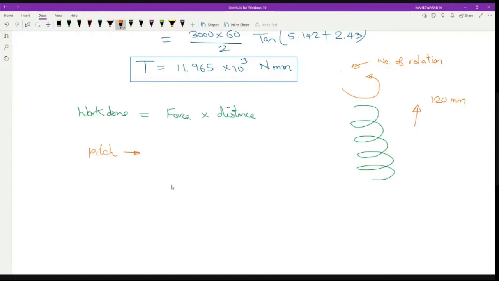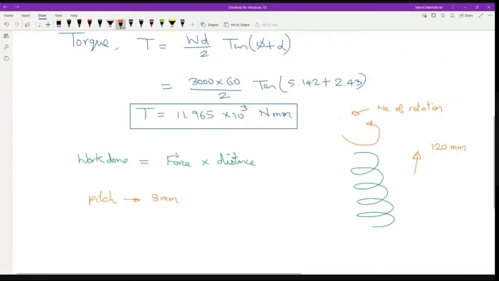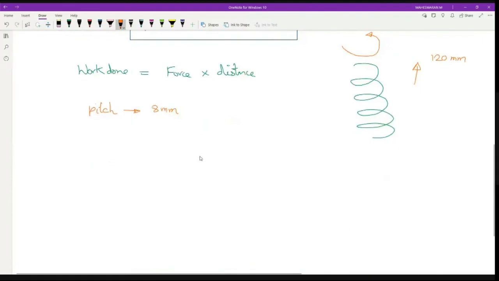Let me consider here the 8 mm pitch, which is given in the question. How many times do I have to rotate? To raise 120 mm, 120 divided by 8 gives 15 times. Okay, the number of rotations, yes, very good.